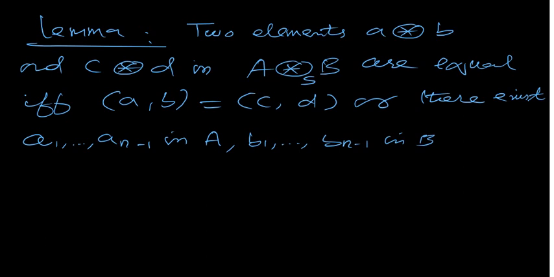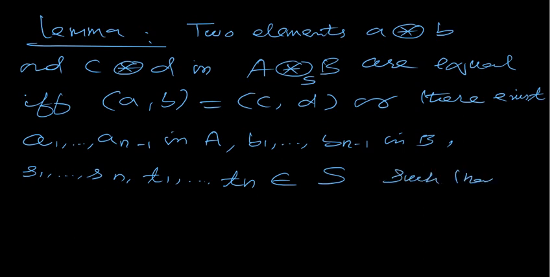So these elements are in B, they are n minus 1 elements in B, and we have these two n elements S1 up to Sn, then T1 up to Tn, they are in S, such that we have the following set of equations.